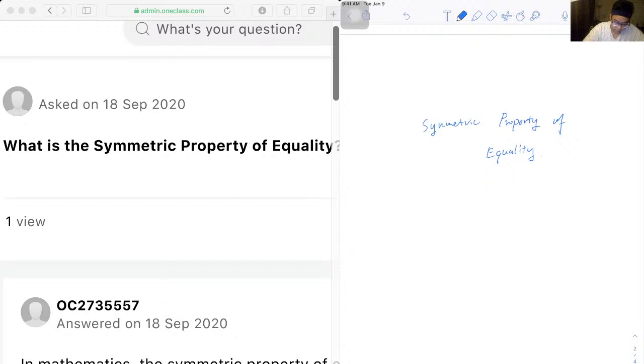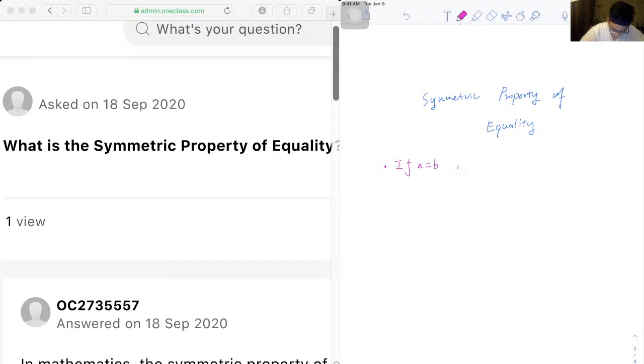So this property states that, let's write a keyword down. So if A is equal to B, then we will have B is equal to A, right? So we can interchange the sides of the equation, and this equation will still remain true.